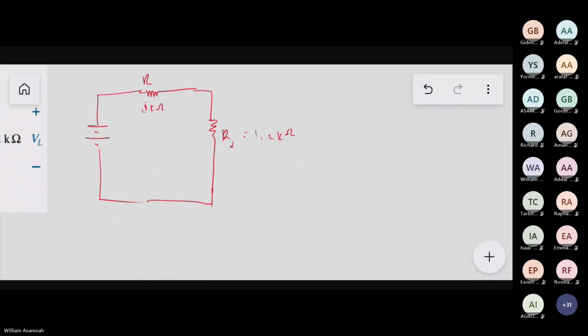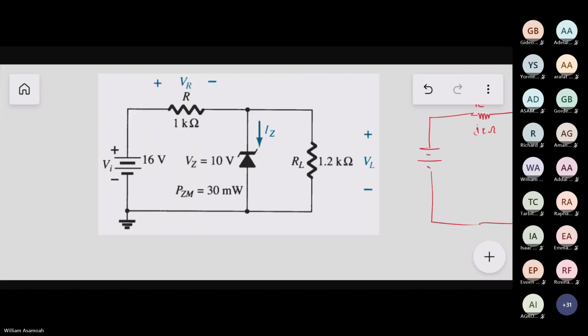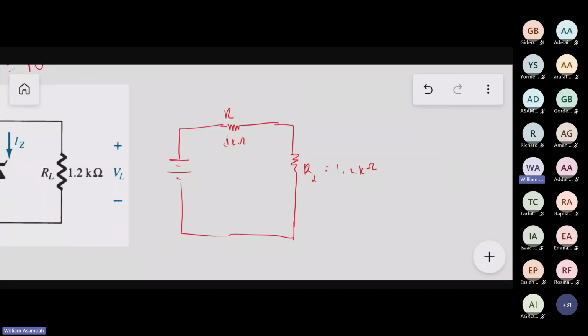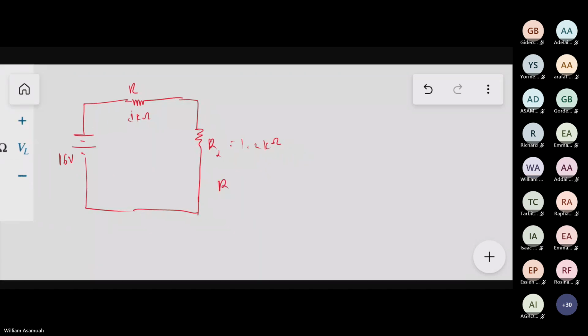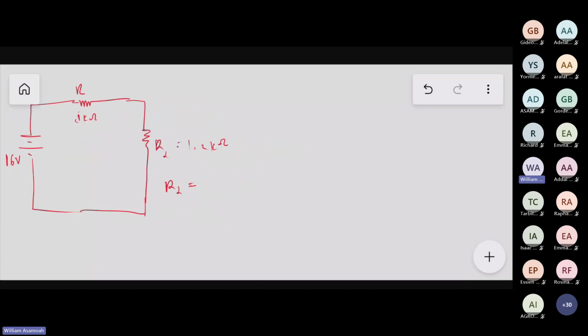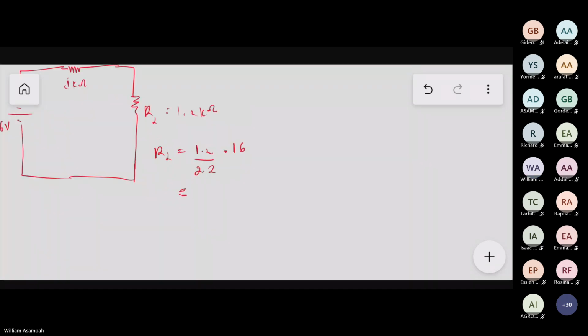Now, this is 16 volts. If this is 16 volts, then what will VL be? It will be 1.2 over 2.2 times 16. And what do we have?